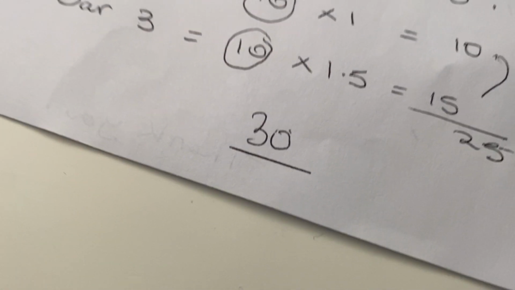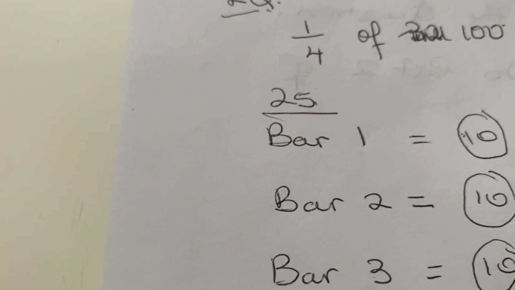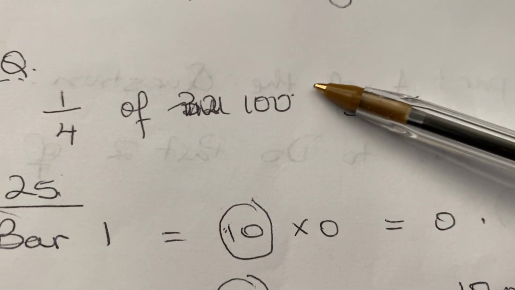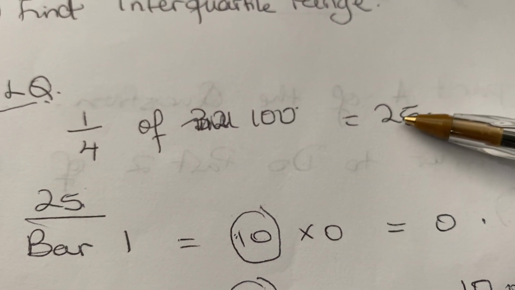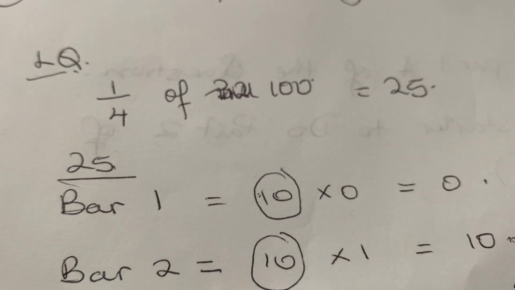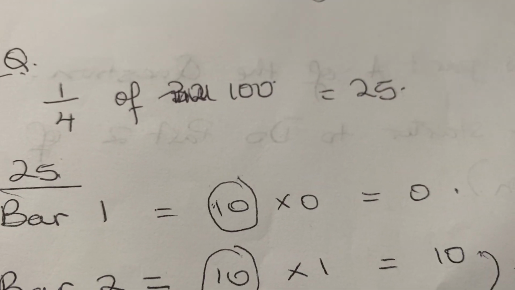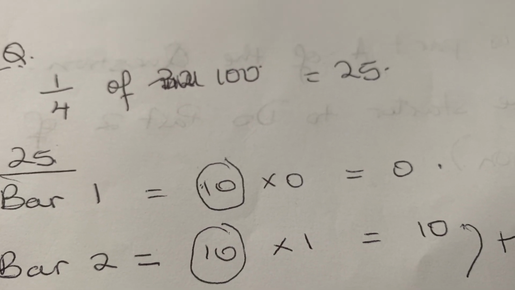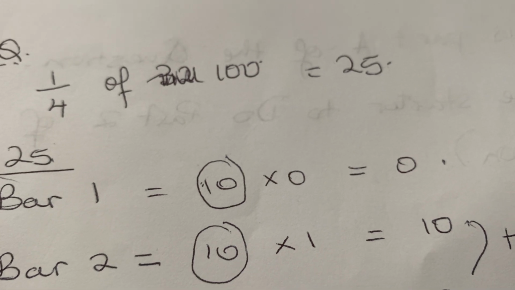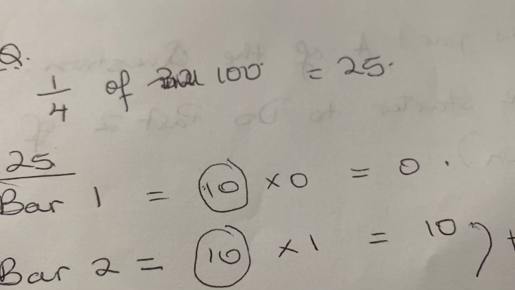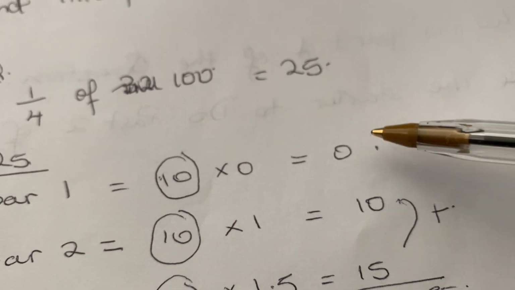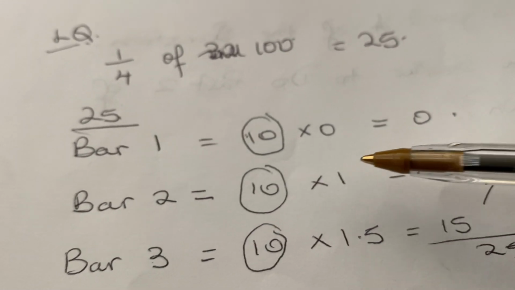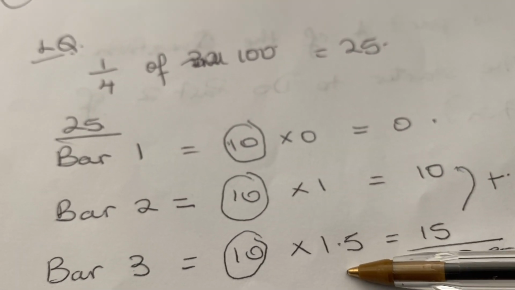So to find that, we need the lower quartile, and the lower quartile will be a quarter of our total frequency, which is 25. So bar 1 again, which we did for the median. So you just go on, and when you get to 25, you stop, and then you read that on the x-axis. So 0, then 10, is 10. Bar 2, bar 3.